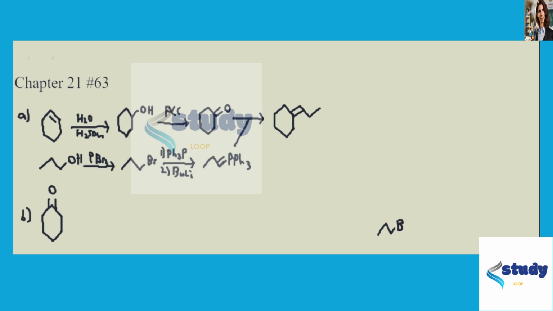So here's our alkyl bromide, and basically we just treat that with an excess of ammonia, so NH3, and so that gets us to our primary amine, which we are going to use with the cyclohexanone that we made.